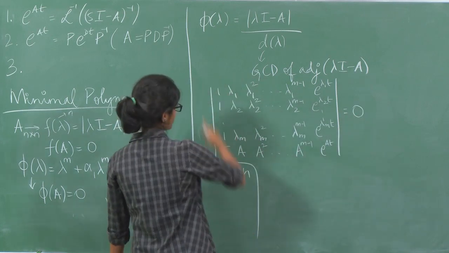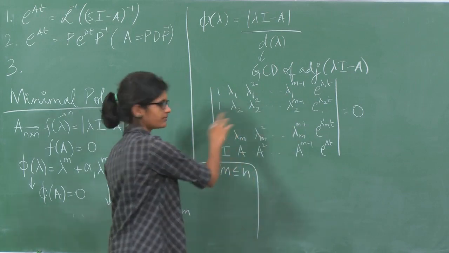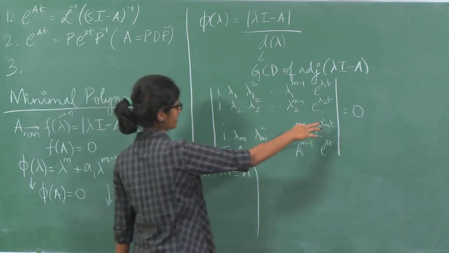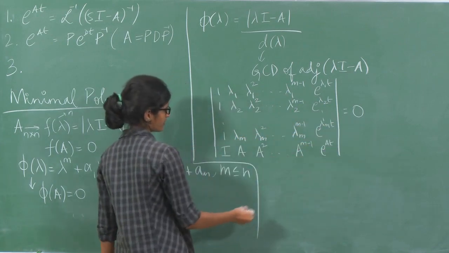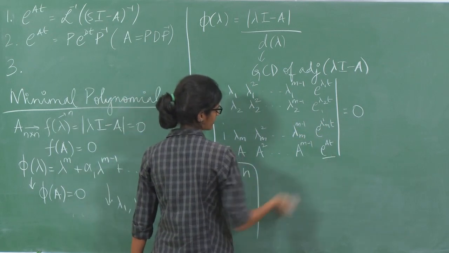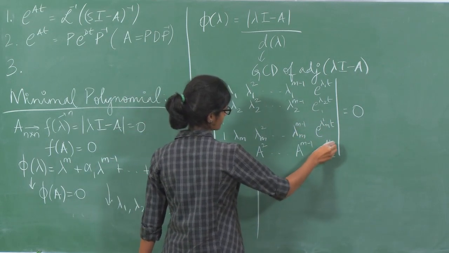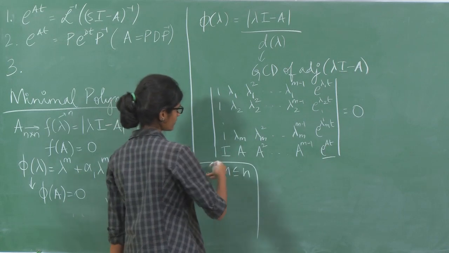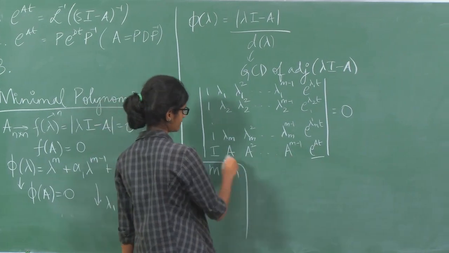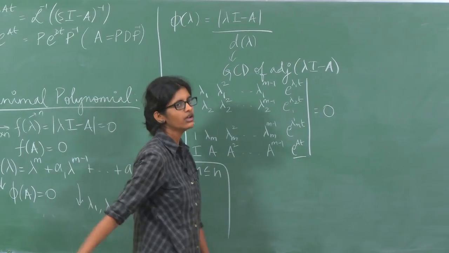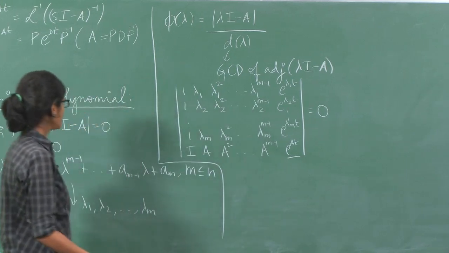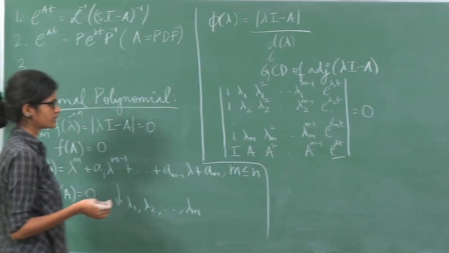So basically this whole thing is a matrix. You find the determinant, equate it to 0, and one of the entries is e power At. So we get e power At in terms of all the lower powers of A until m minus 1. So we'll see how these three methods work with an example.